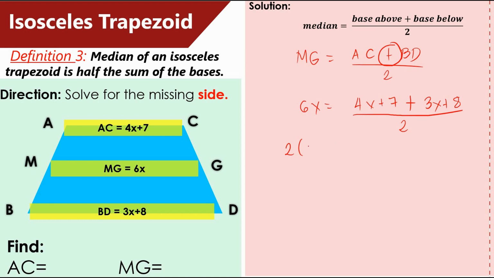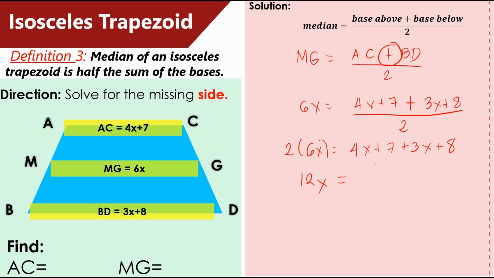As what I said, we need to copy the rest. So we have 6x. After cross multiplying 2 on the other side, let us now get the product of 2 and 6x. This is equal to 12x. And then copy the rest.